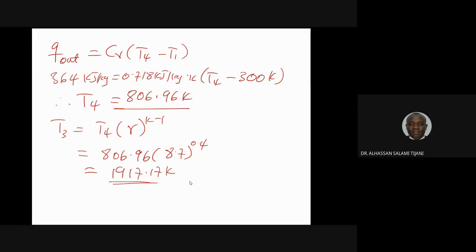We only need to substitute all the parameters in the equations. So let us determine Q in. So our Q in becomes equal to 0.718 into bracket 1917.17 minus 712.74.